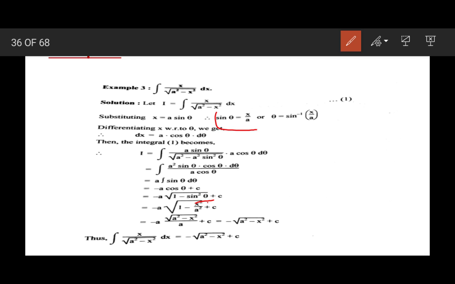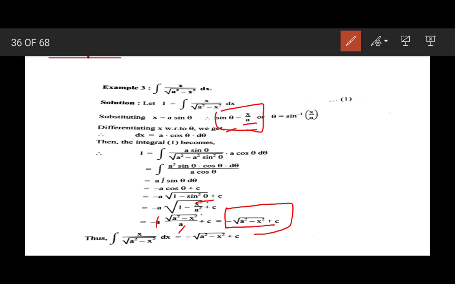Sin square theta means x square upon a square. So 1 minus x square upon a square, plus c, right? Now cross multiply, so it will be a square minus x square upon a. So a cancels, so finally that is equal to minus root of a square minus x square plus c.